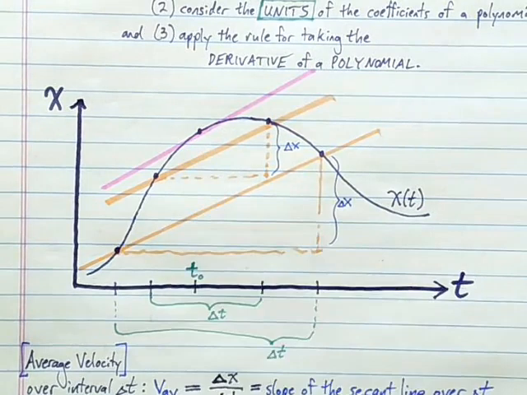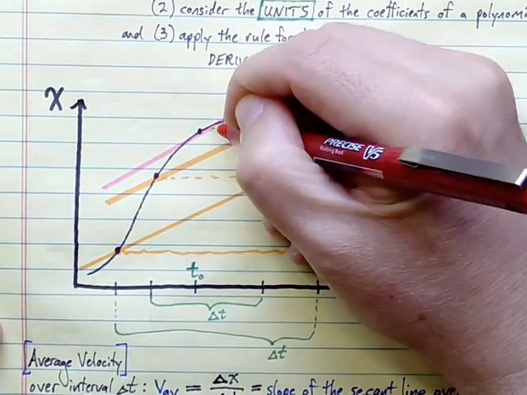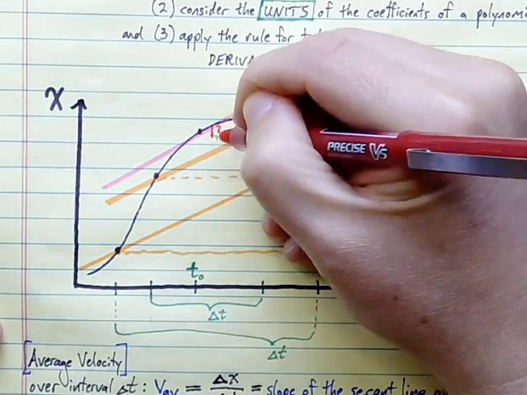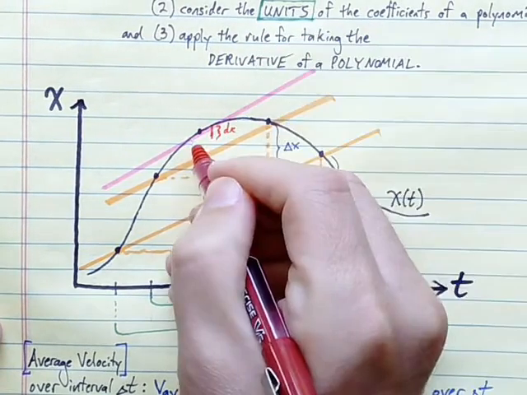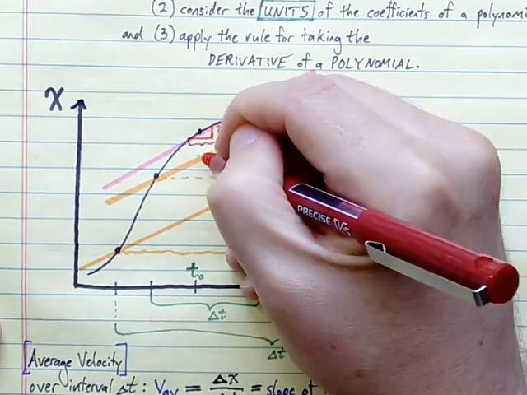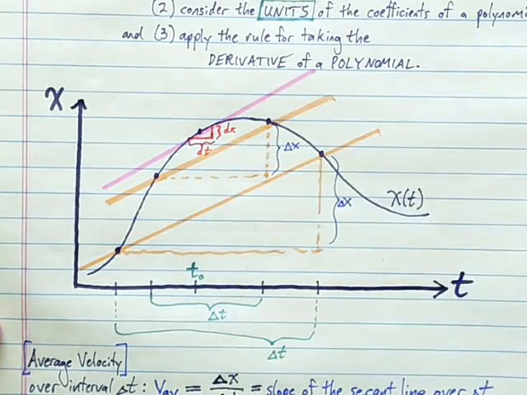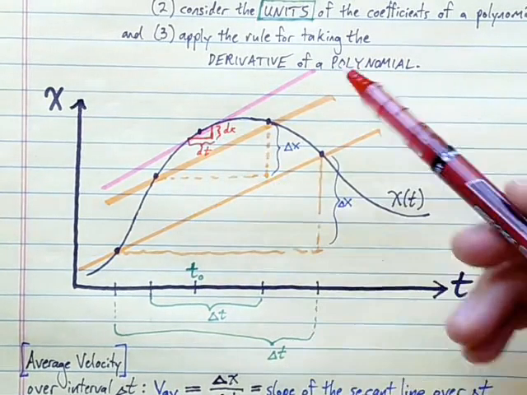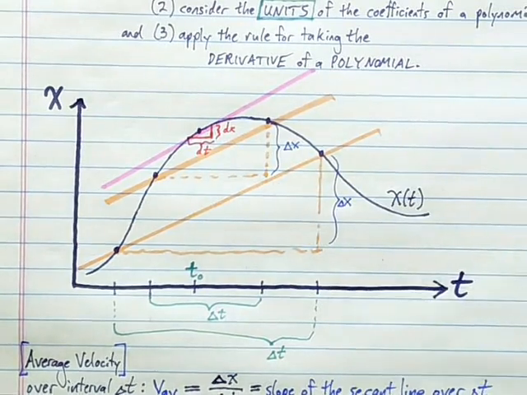There's no way to draw it small enough here. We just have to imagine an infinitesimally small little change in x, we'd call that dx, over an infinitesimally small change in time, we call that dt. Tiny dx over dt, that's the derivative, that's the slope of the tangent line. That is our instantaneous velocity.